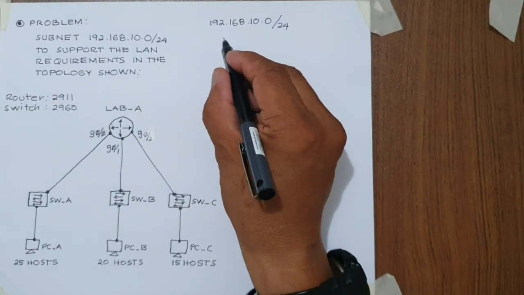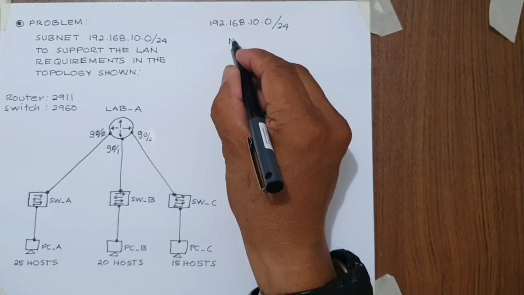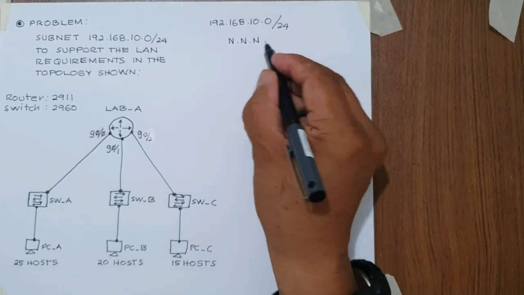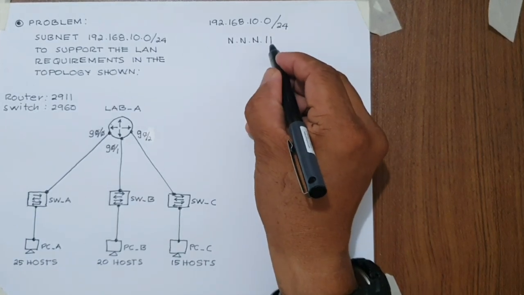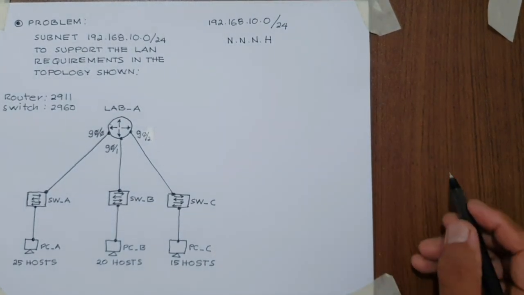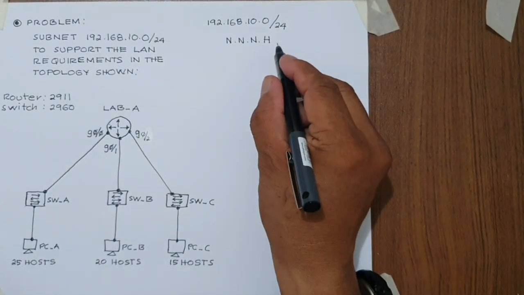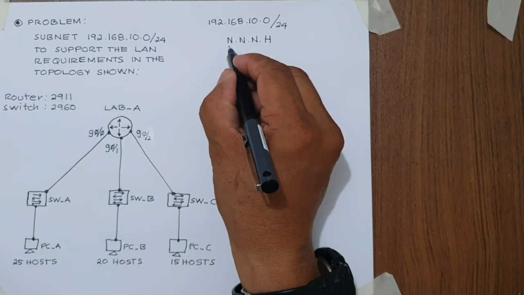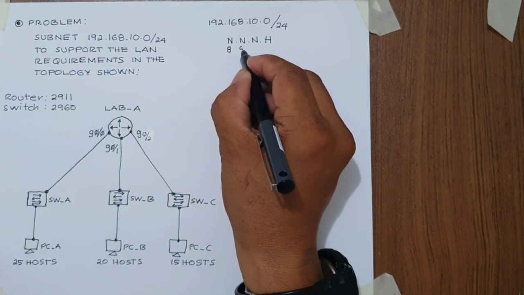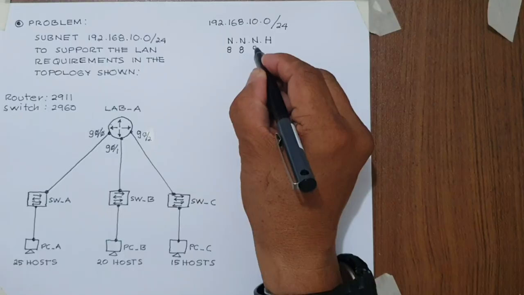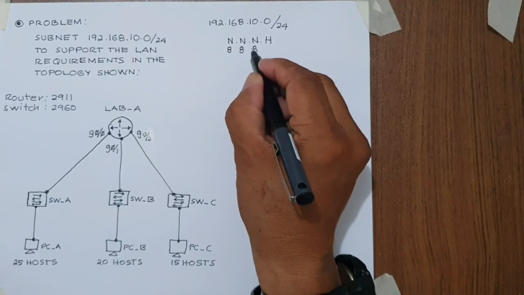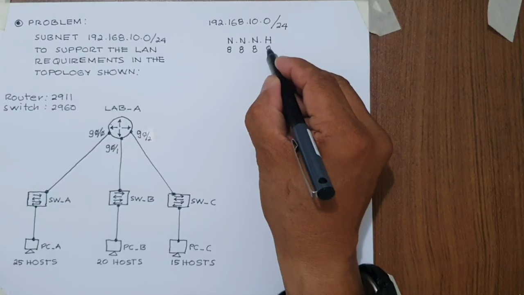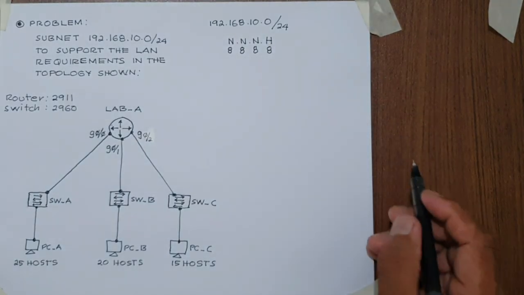So in a Class C network, the 24 bits are for the network, and the remaining 8 bits are for the host. So this one has 8 bits, another 8 bits, another 8 bits. So a total of 24 bits for the network and the remaining 8 bits for the host.